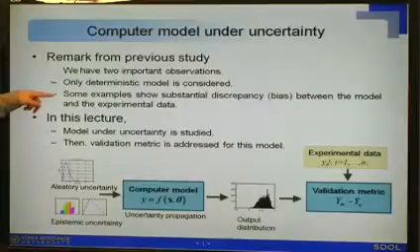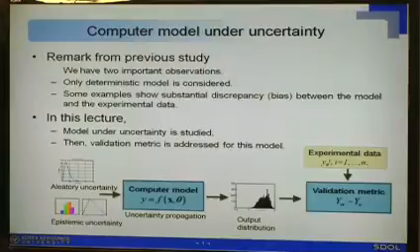By the way, I have a remark on this. Some examples in the previous class showed a substantial discrepancy or bias between the model and the experimental data. At that time, I told you that this will be addressed sometime in a later class, like next week.